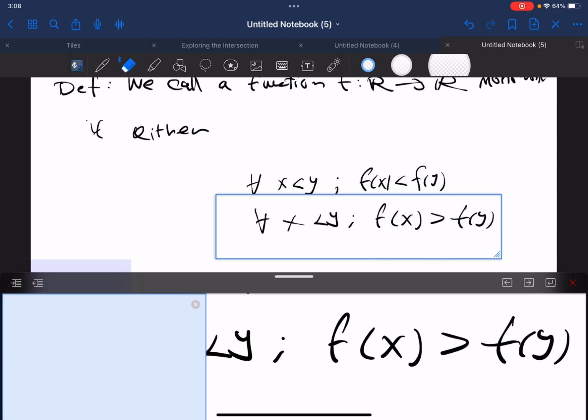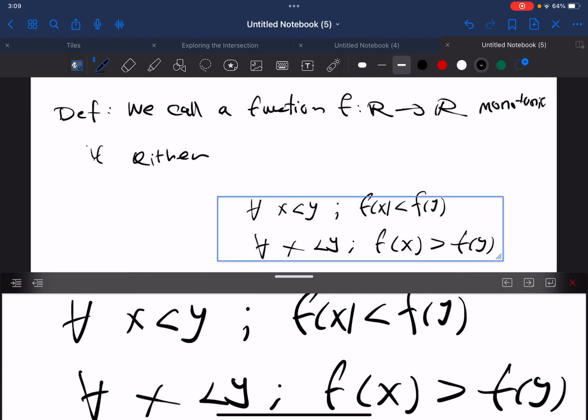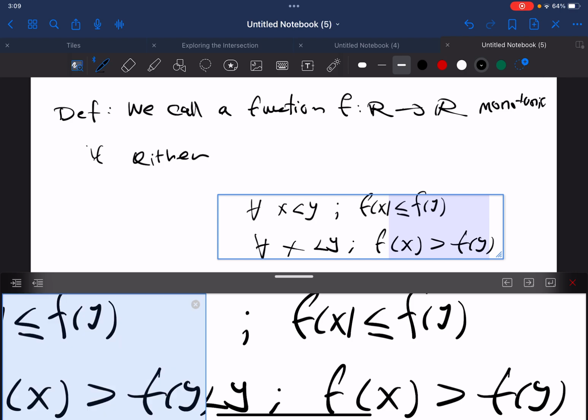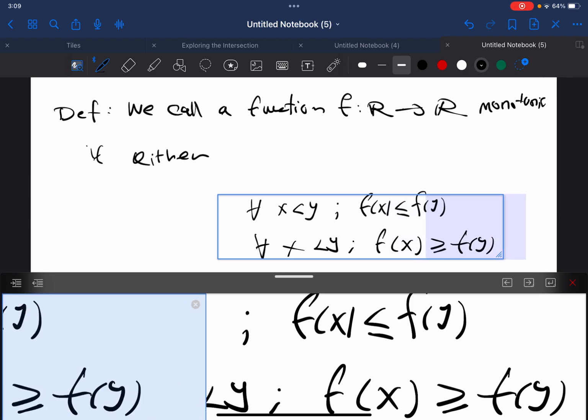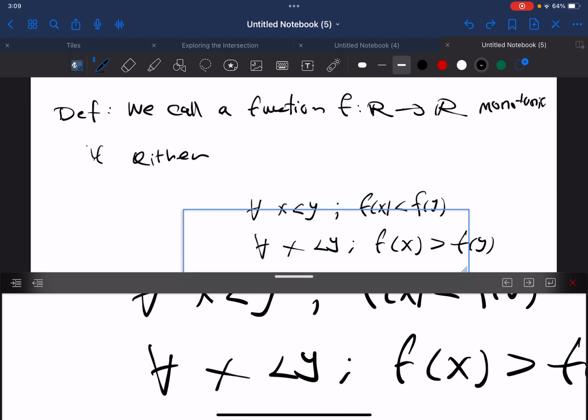So sorry, I shouldn't put equal to here, but you can also think about functions that satisfy this property or this property. But here, by monotonic, I just mean the strict inequality to hold, right?